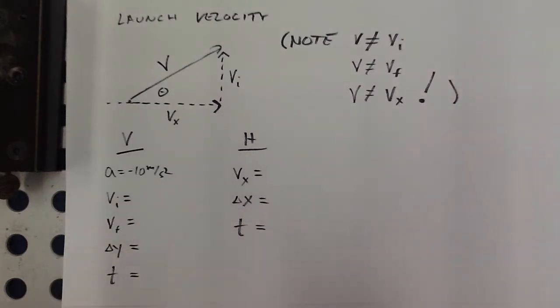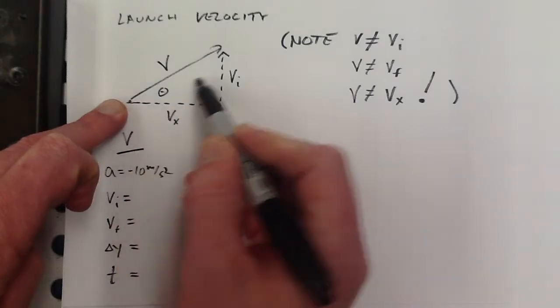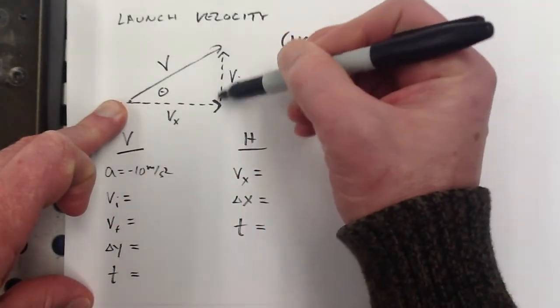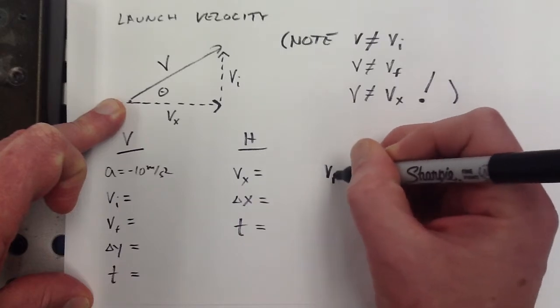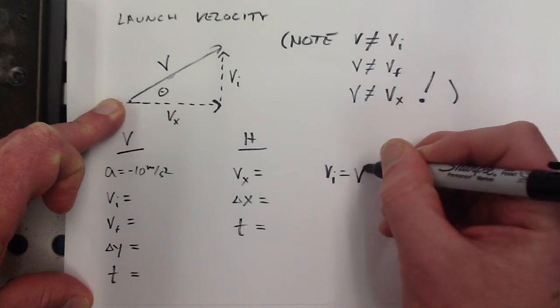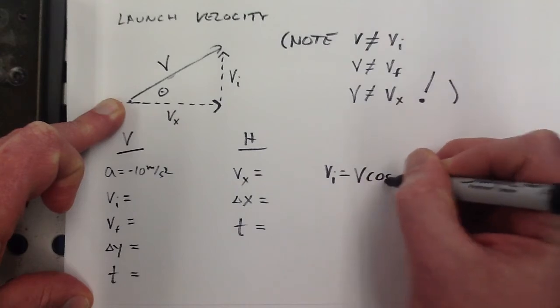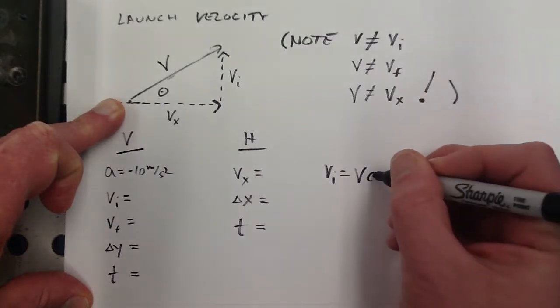And how do you find those things? Well, the same way that we do trig all the time. This VI is opposite of this angle, so sorry, that's sine.